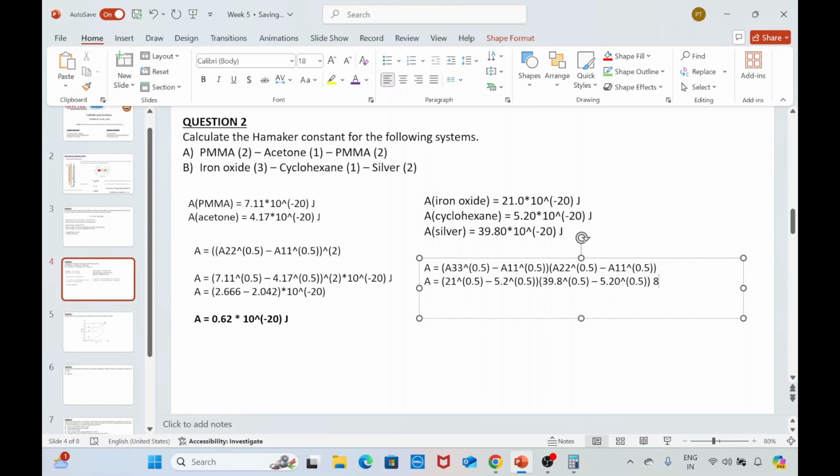So again, I have taken that 10 power minus 20 parameter outside.